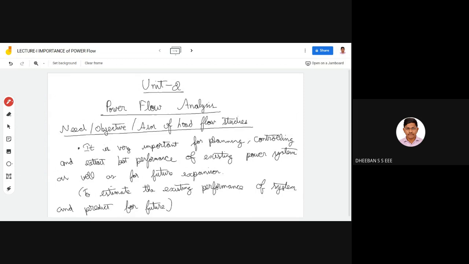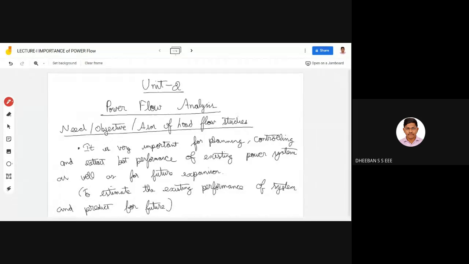Prior to dispatching the load, that is prior to giving the load supply to any kind of industry, what they'll be doing at the substation with the SCADA is simulating the presence of load.